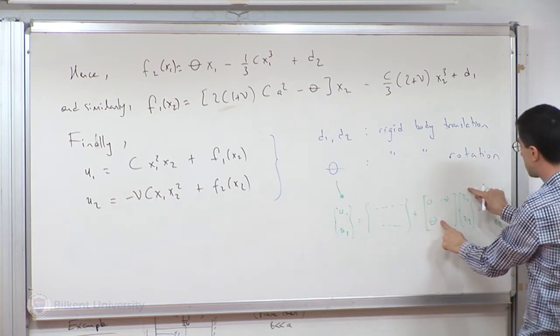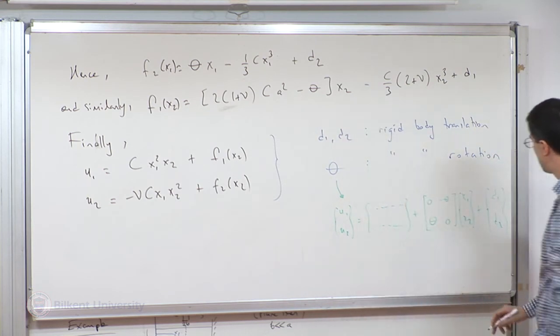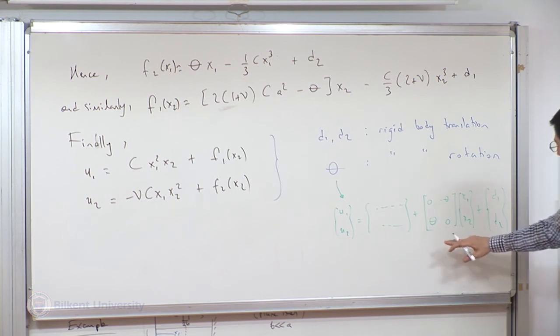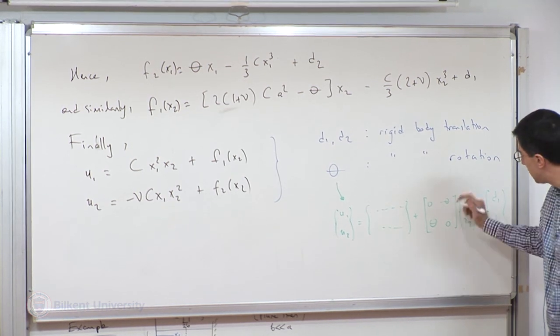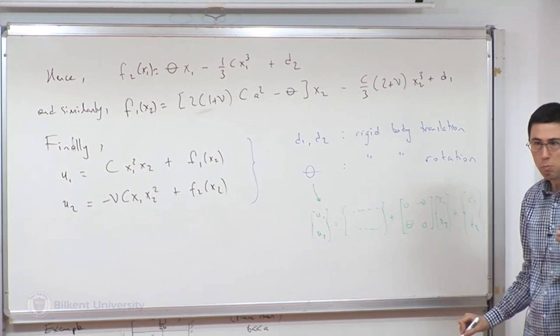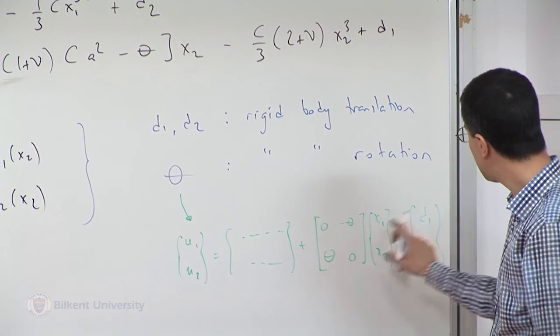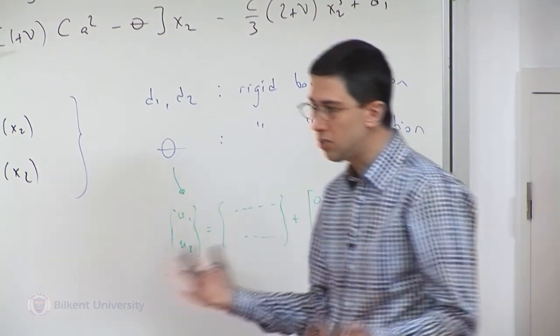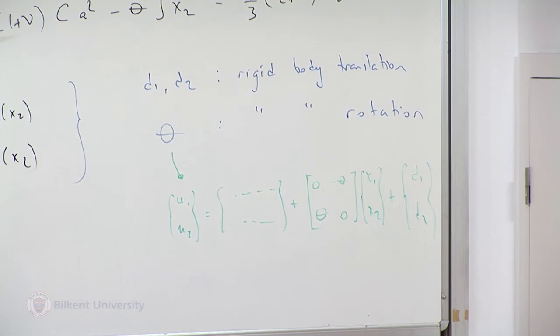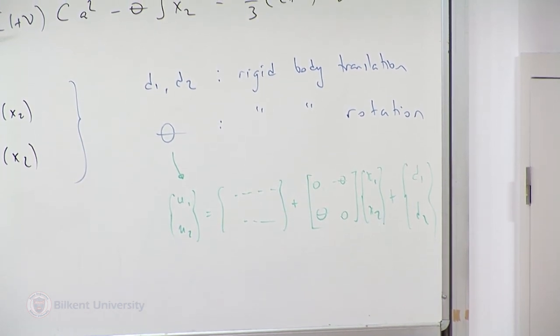Theta multiplies x1, minus theta multiplies x2. And last time, we had written that this is the matrix in 2D that represents small rigid body rotation. Okay? So I have theta, D1, and D2. These have to be determined according to some additional conditions, eventually a boundary condition.